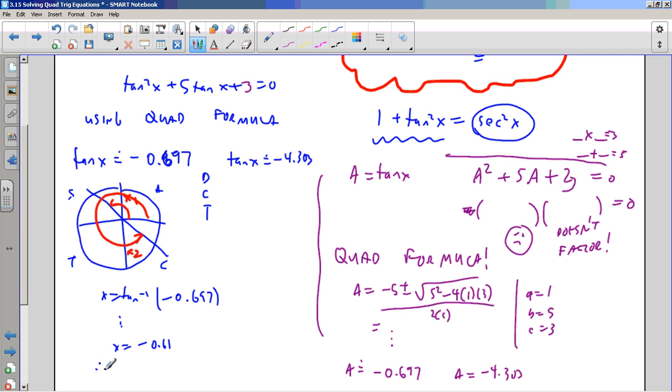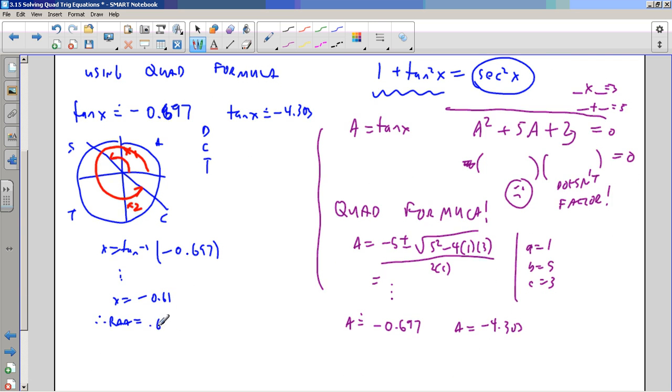So the related acute angle is positive 0.61, and that will give me my two solutions. x1 is pi subtract this. I'm going to skip some steps because I think you get it now. We've done enough of these linear ones that you get the picture. This second solution is either the first solution plus pi or 2 pi subtract our related acute angle.